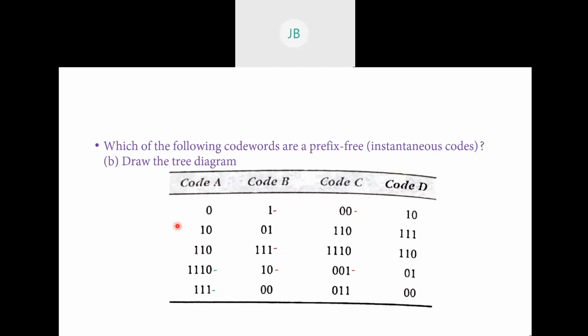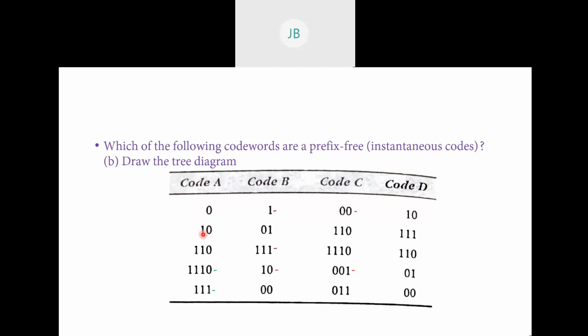The first element is 0. Does anyone else begin with 0? No. So A is not having any problem with any other elements, and in the first comparison it looks like it is prefix-free.